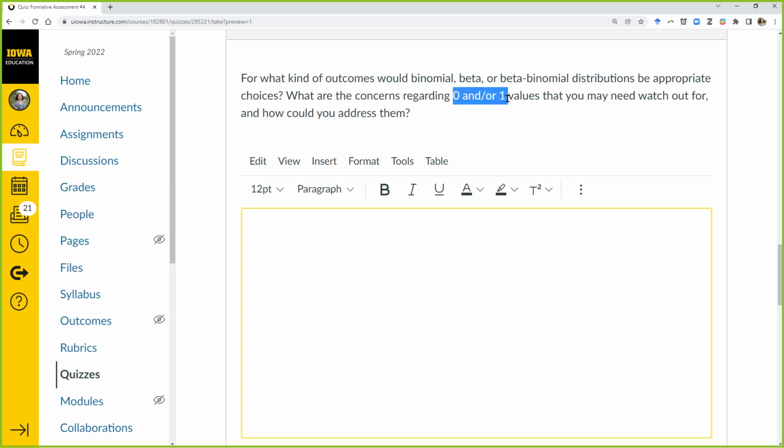So then zeros and ones, same issue. You may have extra relative to what the model predicts. And so this is where we would have the same sorts of options. A 0 inflation or a 1 inflation would keep the 0 and 1 if it's inside the binomial already and have extras potentially. Or you can switch to a hurdle where you cut them off and put them in separate submodels.